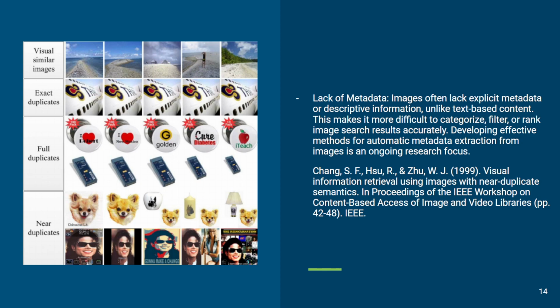And in this picture, we see the visually similar image and the exact duplicate, which is the same image, and the other is a full duplicate, and this one is a near duplicate because it isn't entirely the same. Like it says in the dog, it has different colors.